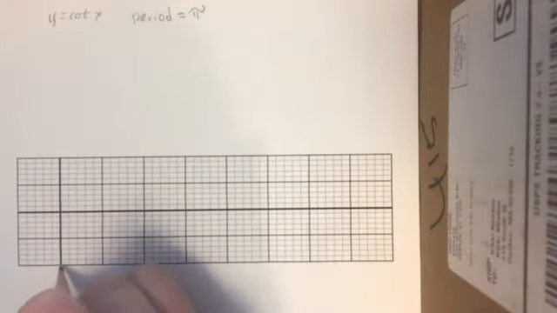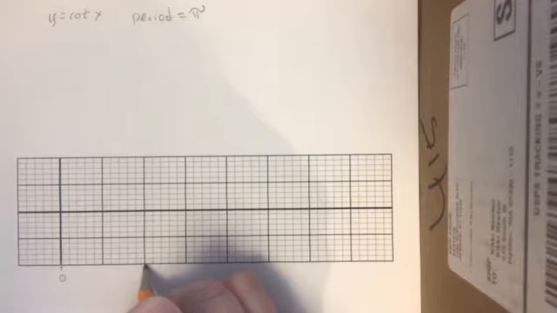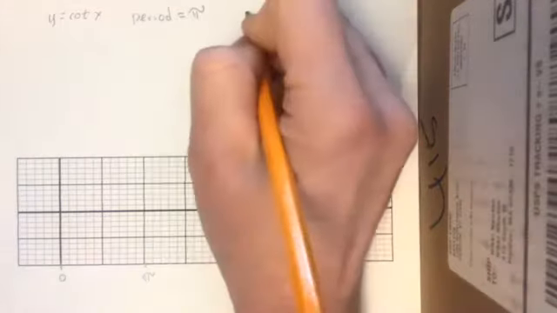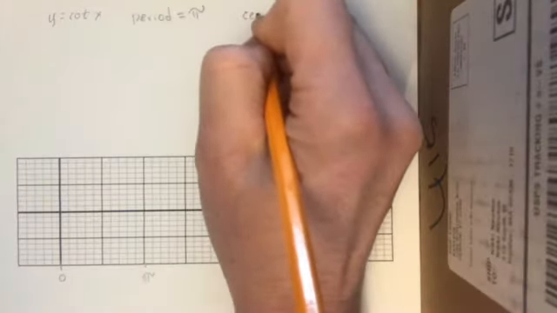But one cycle of it, if I let this be 0, goes between 0 and pi. So the center, if you will, is not in the same place as it was on the tangent function.